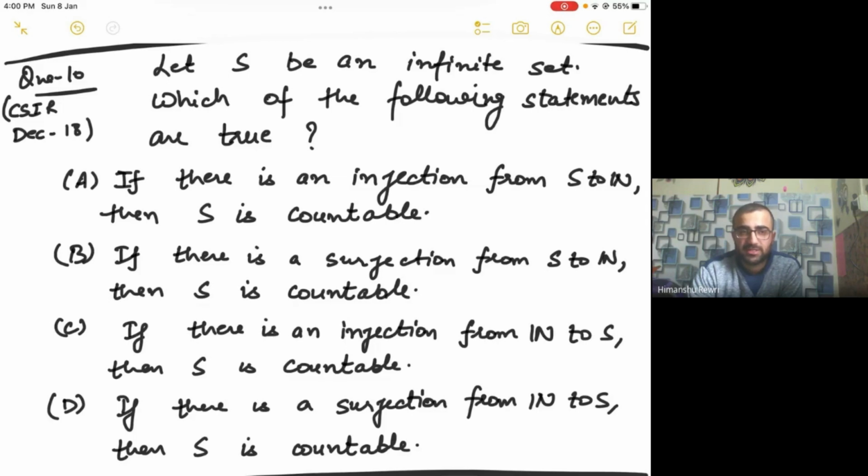Option B: if there is a surjection from S to N, then S is countable. Then we reverse the domain and codomain. Option C: if there is an injection from N to S, then S is countable. And option D: if there is a surjection from N to S, then S is countable.